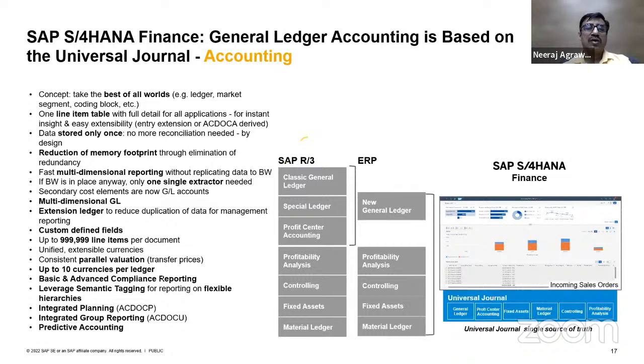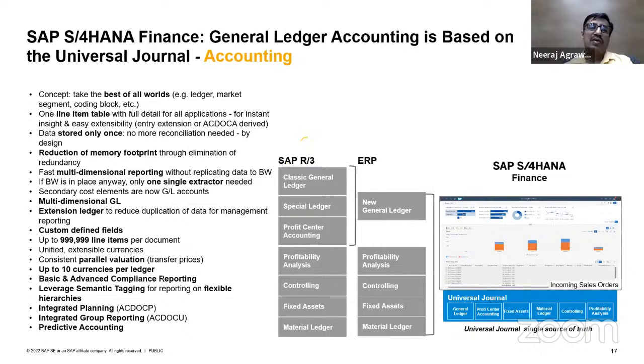With the data in one place, we are also able to now have multidimensional reporting, from where one report can show you information based on different criteria and characteristics. That makes things much simpler and easier.